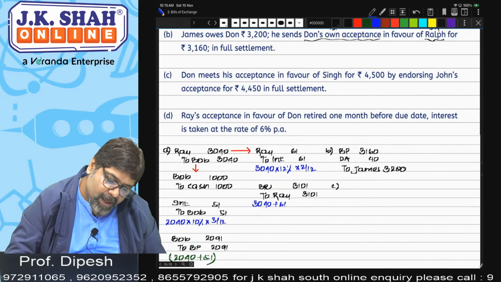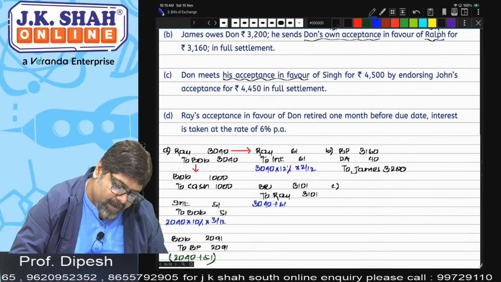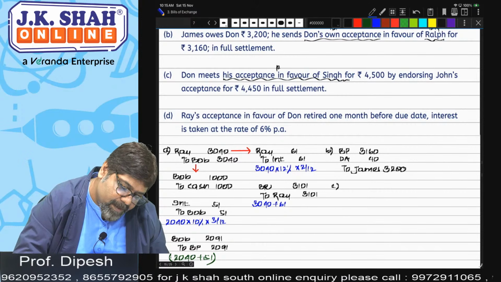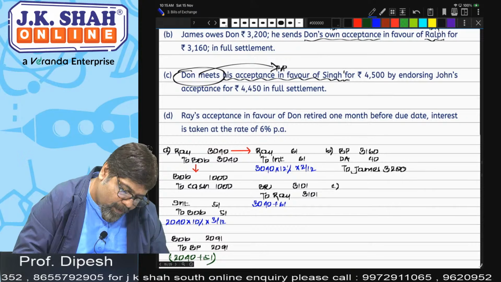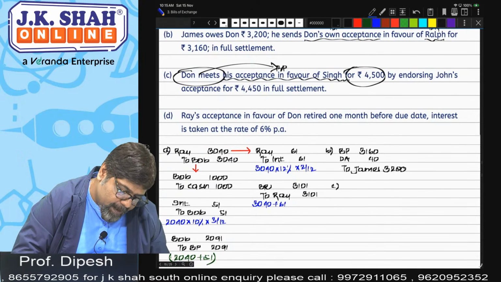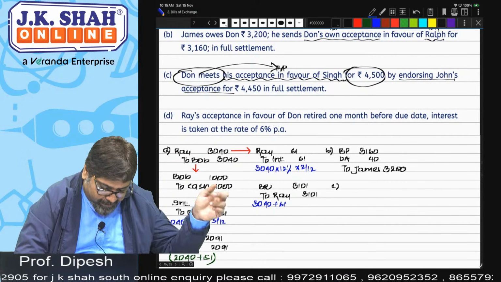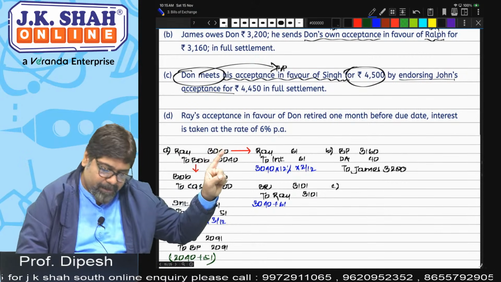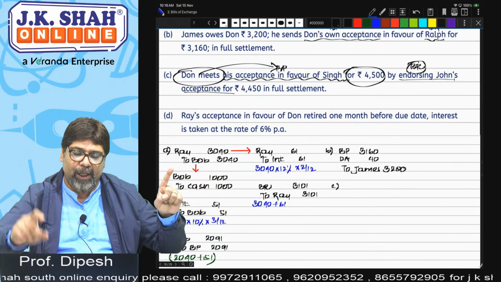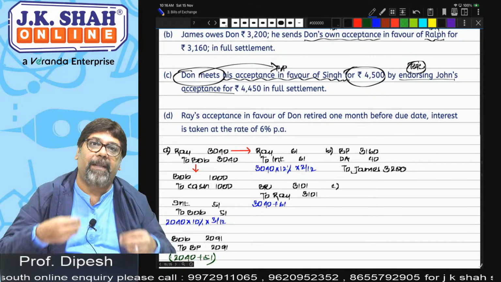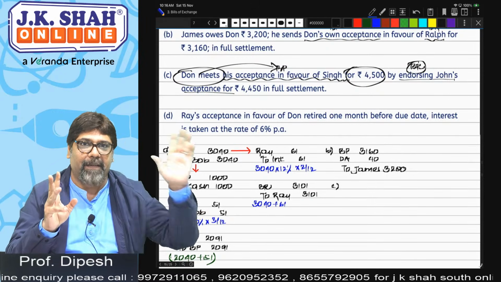Number C. Don meets, that means pays, his acceptance in favor of Singh. His bills payable. Therefore, Don meets bills payable for rupees 4,500 by endorsing John's acceptance. Therefore, for John it is bills payable, for me bills receivable.